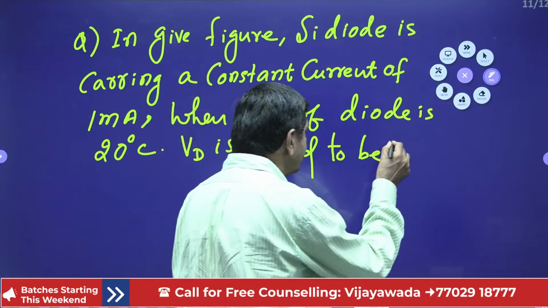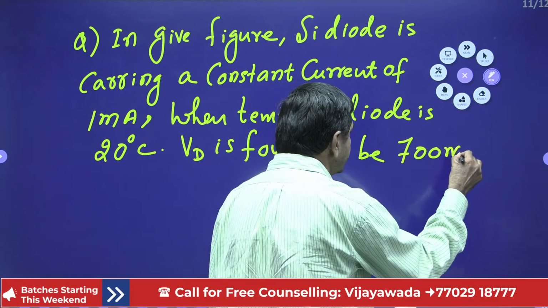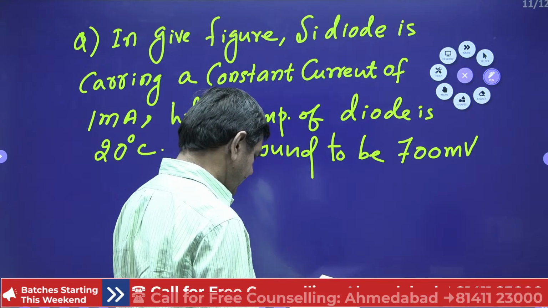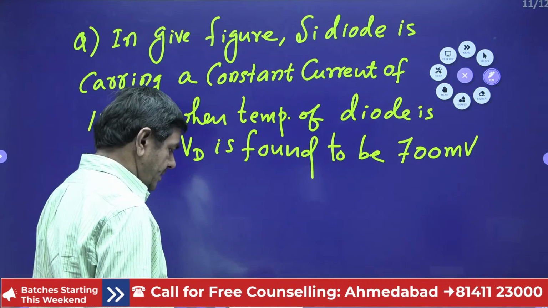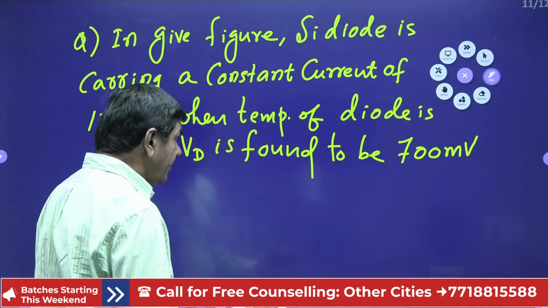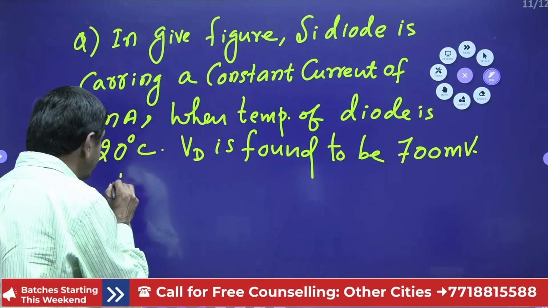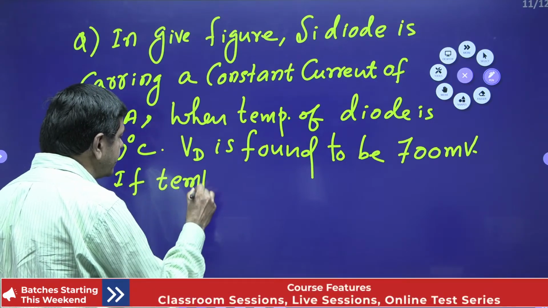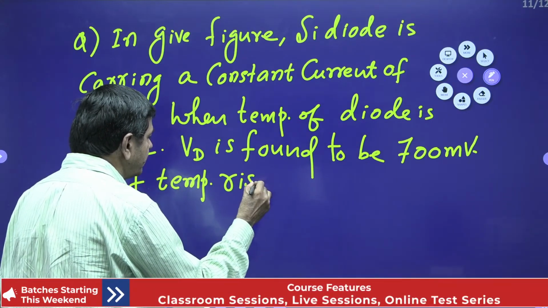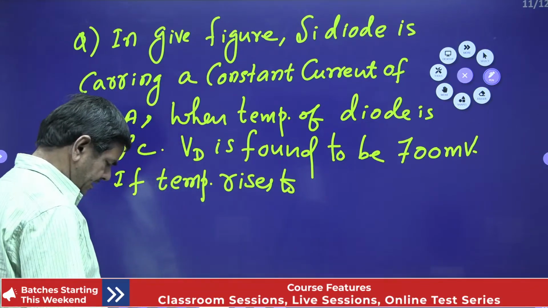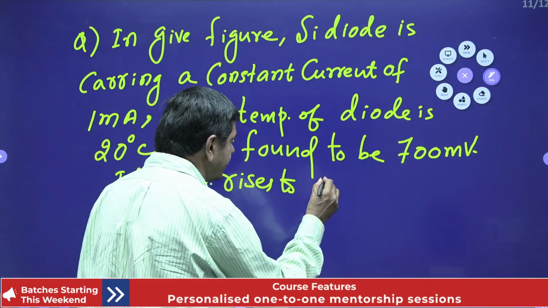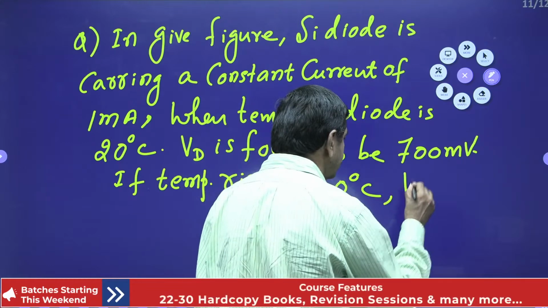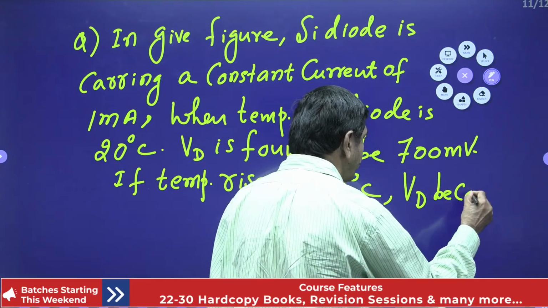If the temperature rises to 40 degrees centigrade, VD becomes approximately dash.